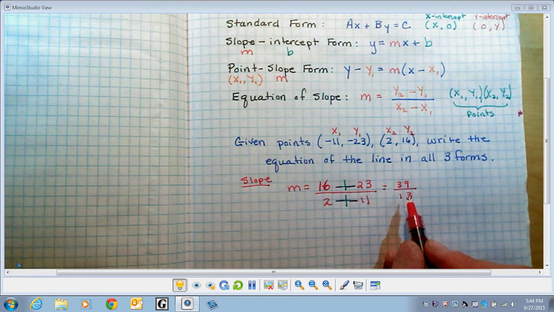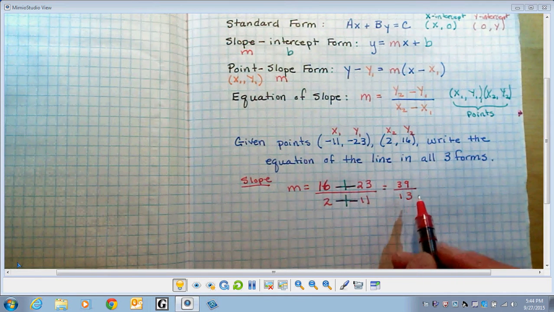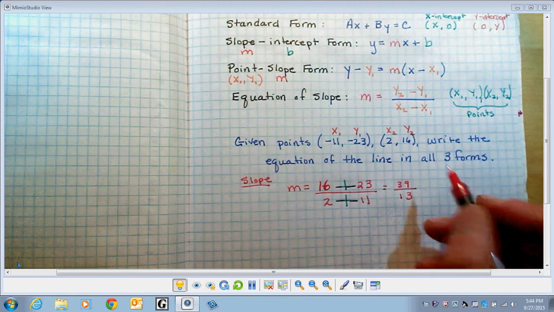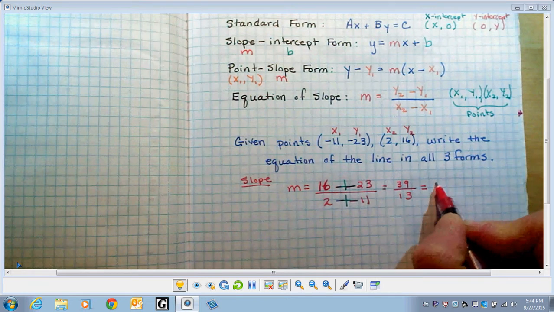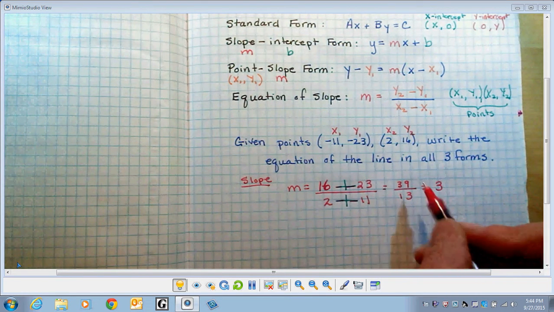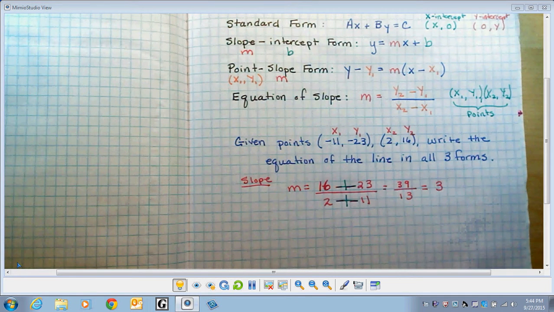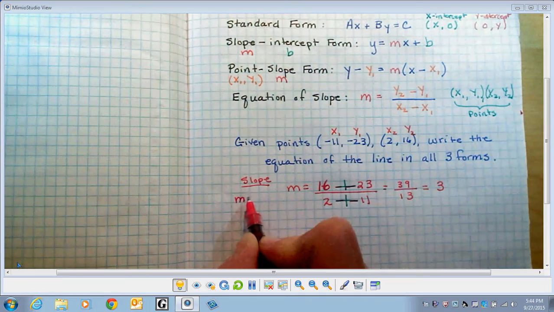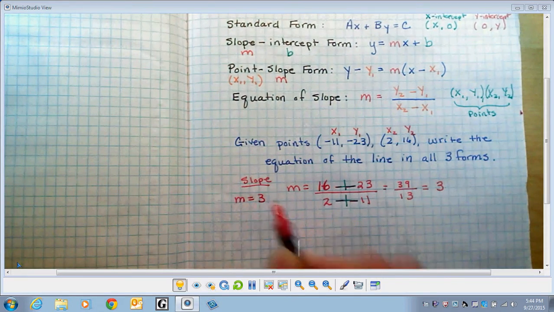So now I can simplify this. I'll simply do 39 divided by 13, and I get 3. So that means that my slope is 3. Always make sure that you can simplify your fraction, because you don't want to be dealing with some crazy number like that. So now I'm going to write over here that my slope equals 3.